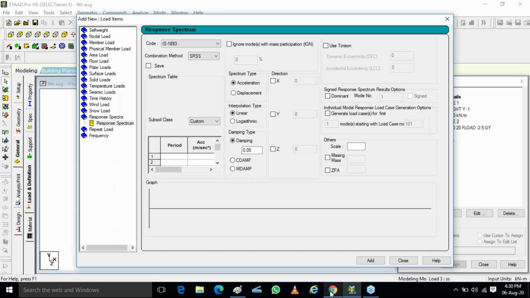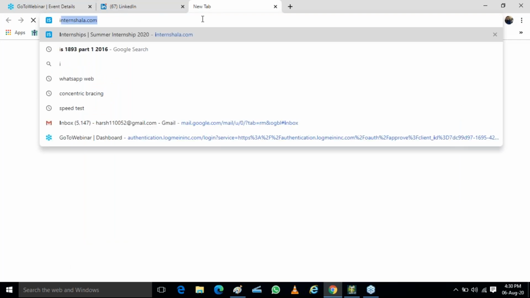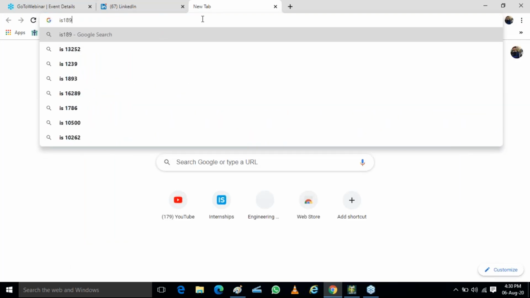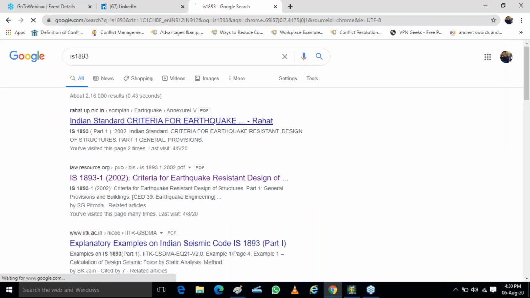Now you have to go to your IS code. In this IS code, I told you yesterday about the value of QIK. Actually, we have to find out the value of QIK according to the formula in IS codes. But this QIK, which is the base shear value for the different columns, will be automatically calculated by my software.